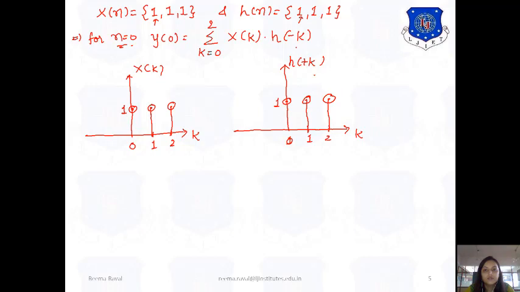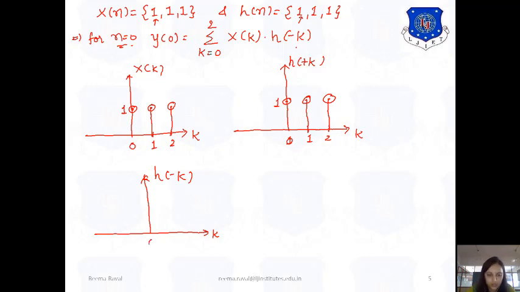Okay, now from this we have to obtain h of minus k, that means flipping of this sequence. That means whatever the values are on the positive side, it will now go on the negative instant side, right? So from that the h of minus k will be exactly reverse to that of h of k.